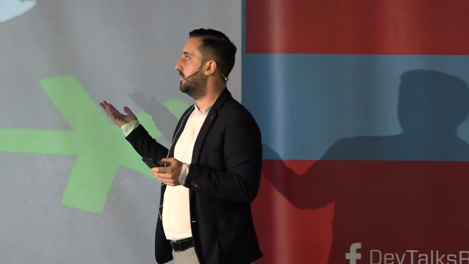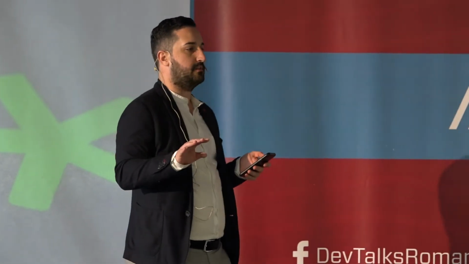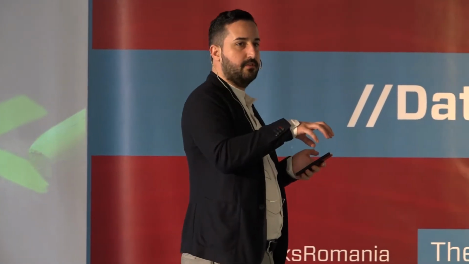So basically, we will talk about different patterns, and I'll share with you what we are using and what we have evolved from. One of them is shared database, where basically all your services share the same database. Another one is to have a database per service.